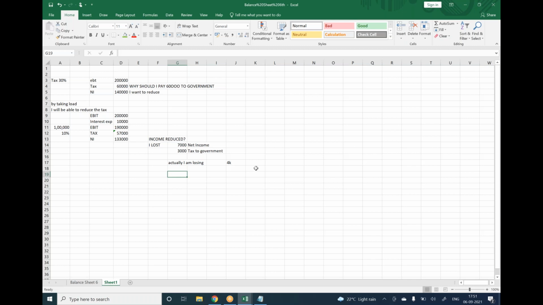But by losing 4,000, what did I get? Exactly 1 lakh. Don't you think it's a good business to do that way? Would you not agree to lose 4,000 when you're going to get 1 lakh rupees?